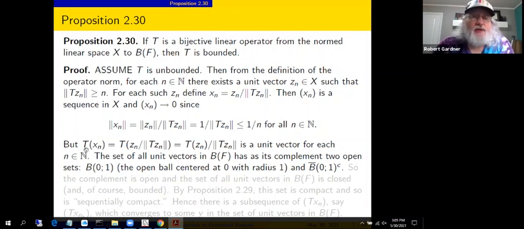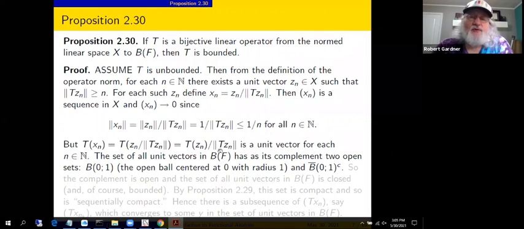But if we apply T to x sub n, that is, apply T to z sub n divided by this norm quantity, linearity allows you to bring the scalar out front, abusing the notation a little bit, treating it as divided by that norm. So technically it's 1 over the norm times the vector. But we get T of z sub n times 1 over this norm.